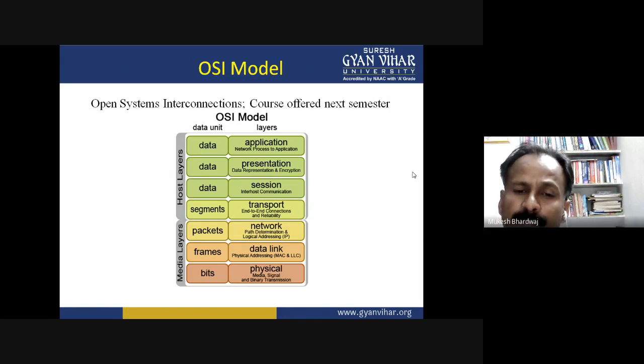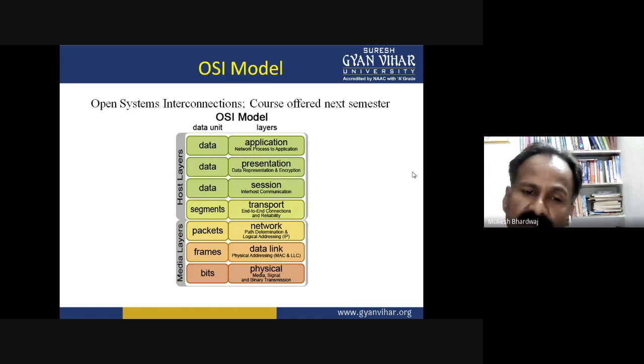Then at the network layer, the network layer protocol comes into existence, that is path determination and logical addressing, IP. The data is converted into packets, and after that these packets move in the form of frames through the data link layer, that is physical addressing, MAC layer or LLC.